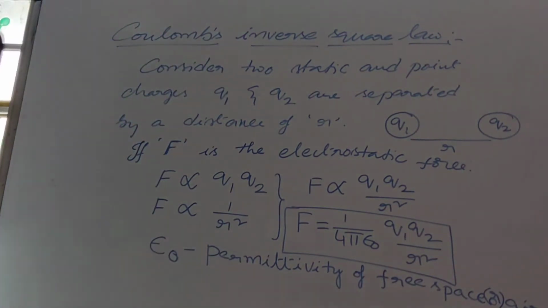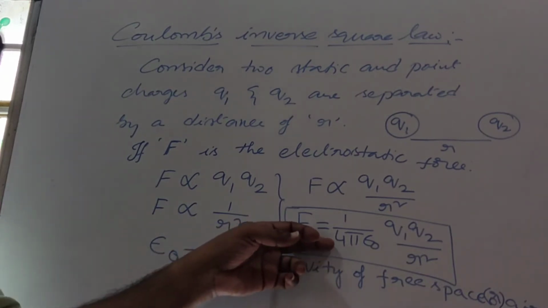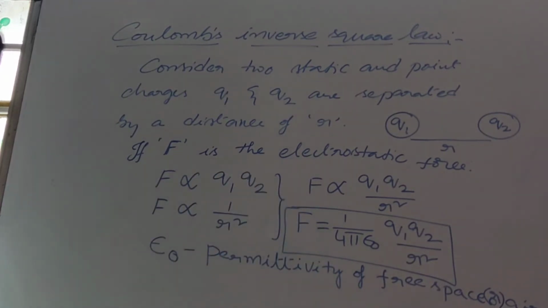So this is the expression for the electrostatic force: F equals 1 by 4 pi epsilon naught into Q1 Q2 by r square.